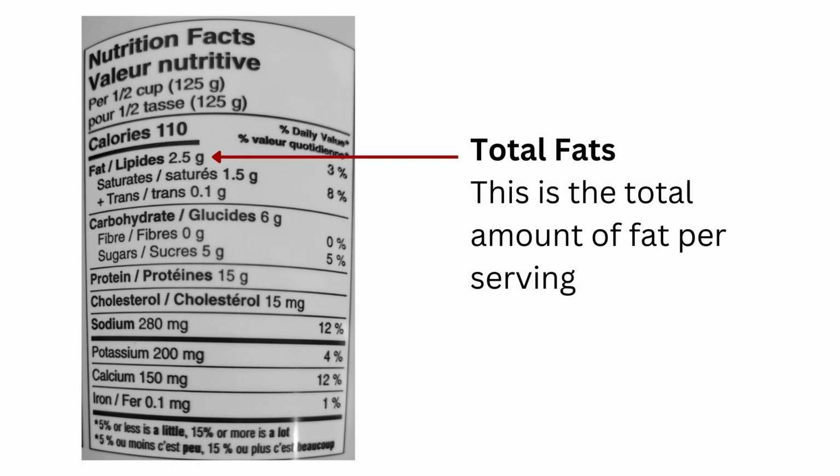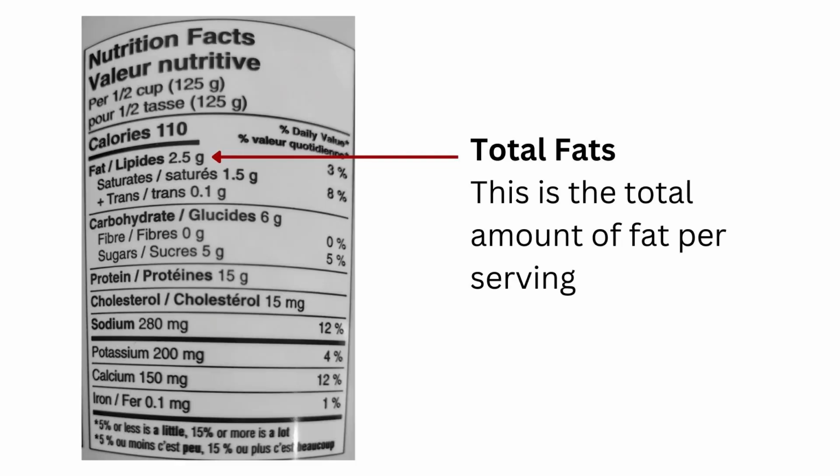More about the percent daily value later on in this video. I'm going to look at my real life example, which is the cottage cheese, and it is 2% cottage cheese, so I do see that there are 2.5 grams of fat total per 1/2 cup serving.